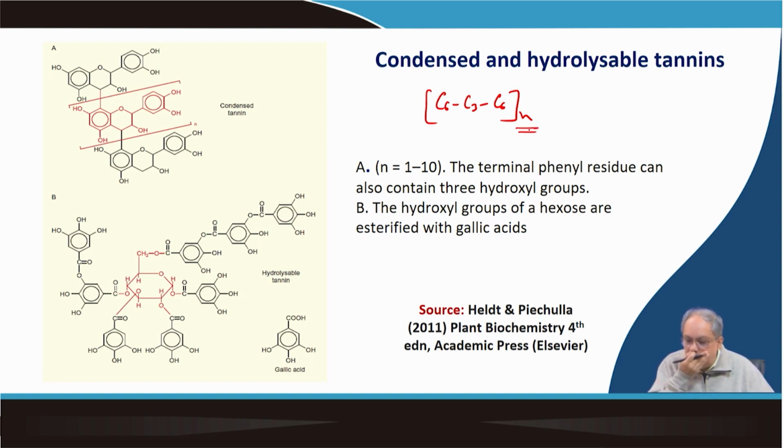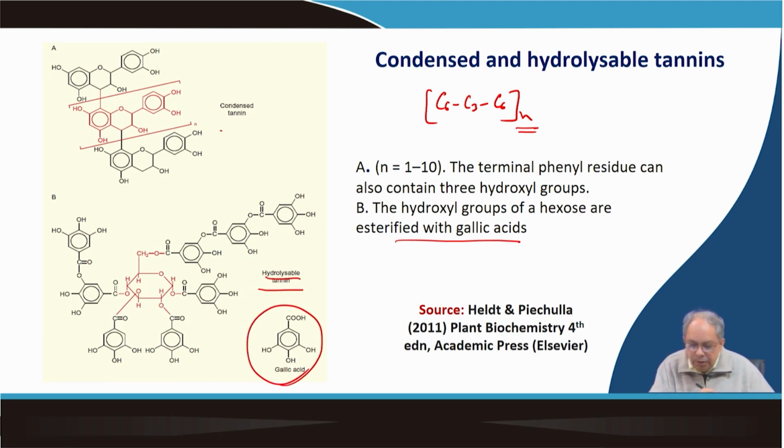It also contains 3 hydroxy groups. So, this is basically the structure of the condensed tannins, and the hydroxy groups of a hexose are esterified with gallic acid, and here the bottom one is the hydrolyzable tannins, which basically originate from gallic acid.